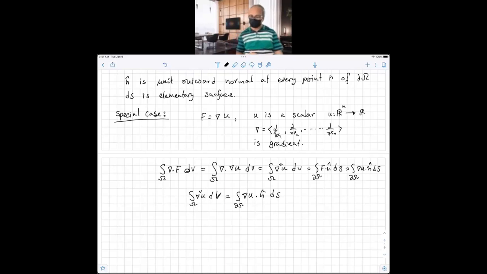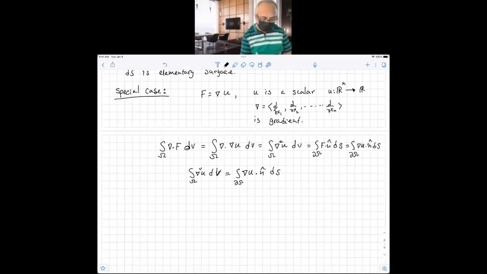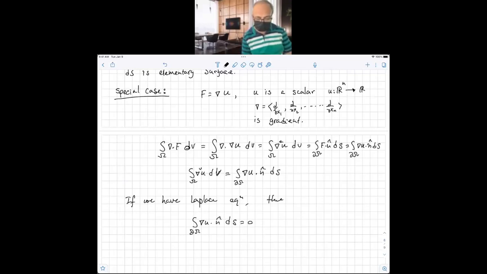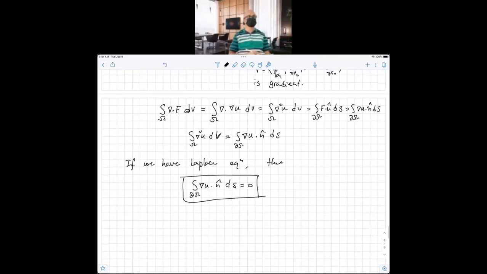So it states that if we have the Laplace equation, then that's a constraint on the boundary condition for the Laplace equation.